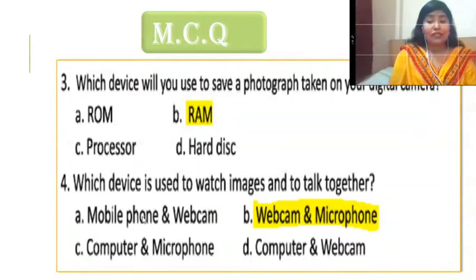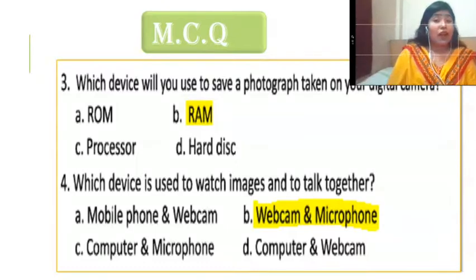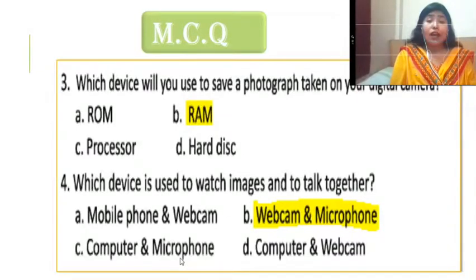My dear students, only a mobile phone and webcam can't give you the image, and at the same time you can't talk together. So think about number B, webcam and microphone, and number C, computer and microphone. If you only have your computer and microphone, and on your desktop you don't have a webcam, then how will you see, and how will someone in another place see you?